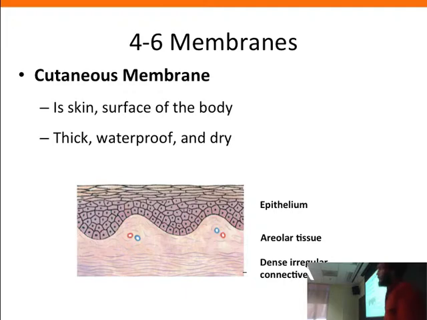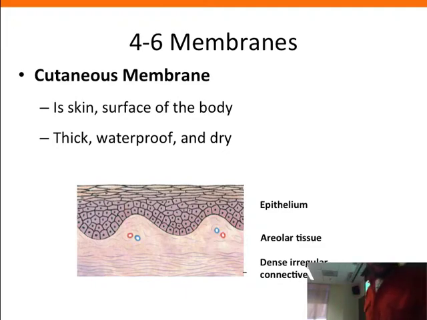All right. Finally, the cutaneous membrane. It's the skin, it covers the body. It's very thick, waterproof, and the surface of it, unlike the surface of the other three that we had talked about, is dry, by and large, when you're not sweating. Okay? It is certainly not wet like a mucosal membrane or synovial membrane or serous membrane would be.